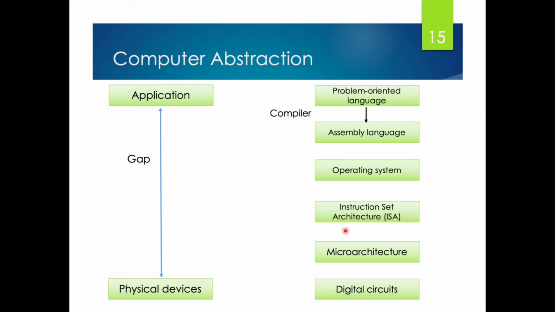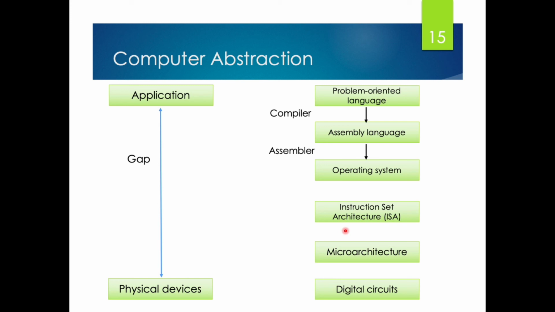The compiler will compile a high-level programming language into code that can be represented in a low-level language, that is assembly language. Right? And between the assembly language and the operating system is the assembler. An assembler is actually a compiler that compiles assembly code into code that can be executed by the operating system.